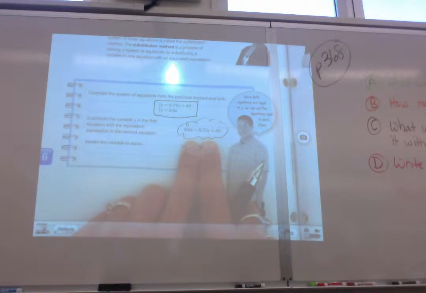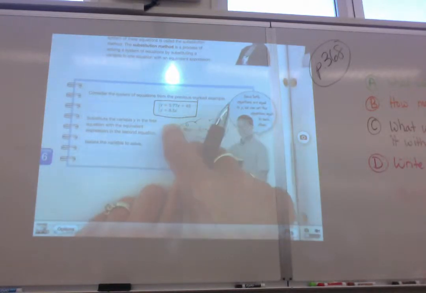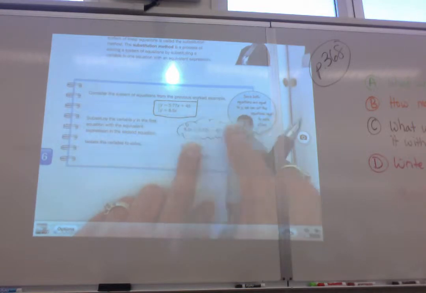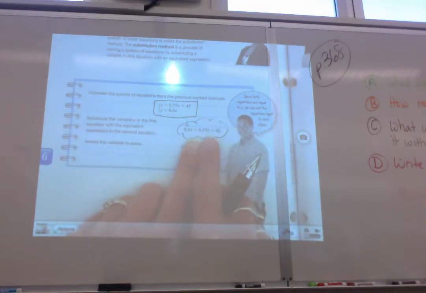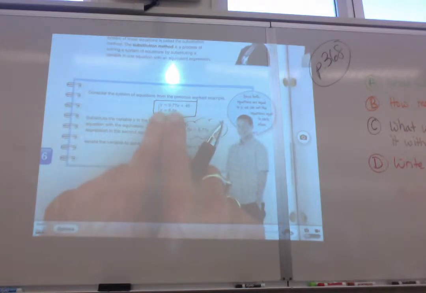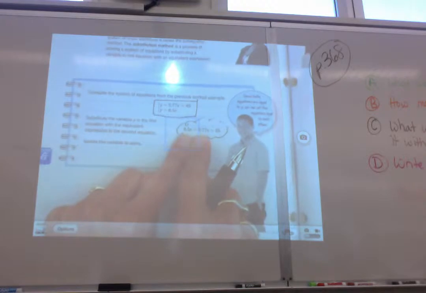Eyeballs on my fingers. What do you notice? How did they make this middle piece here? How did they get from here to here? They kind of put them together, but they put them together in a special way. Molly? They put 8.5 as the y.